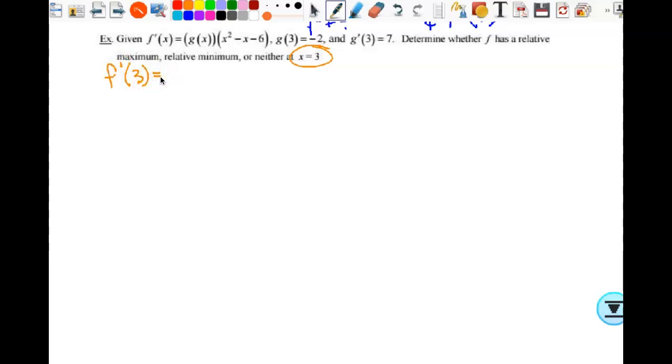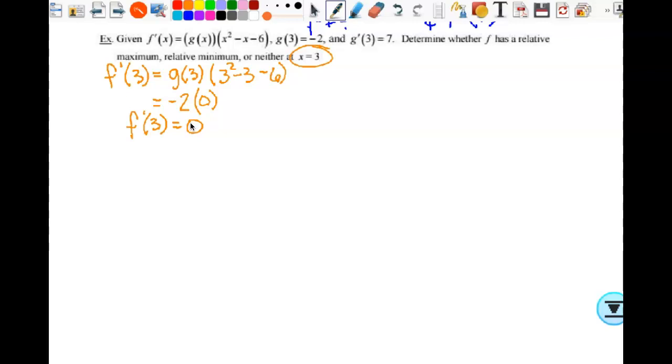That gives me g of 3 times 3 squared minus 3 minus 6. Okay. G of 3 is negative 2. And then this is times 3 squared is 9 minus 9 is 0. So f prime of 3 is 0.